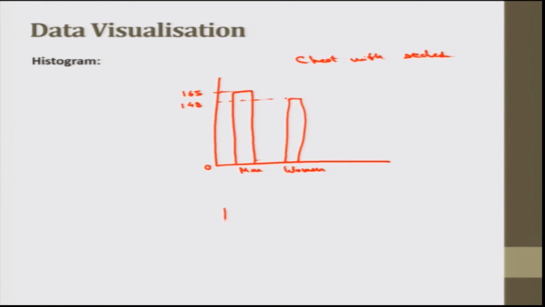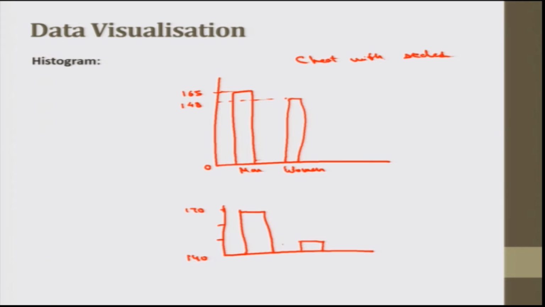This is one way. Another way is, if I do not start it with 0, I start it with just 140 to 170, with 150 and 160 here. Then the height for the women would be close to here, 148, and the height for the men would be here.